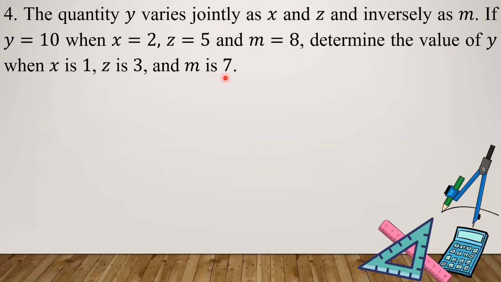Again, we find the phrase that will serve or give us clue to know the variation in that given problem. So as we can see, class, that is varies jointly and varies inversely. Meaning, this is an example of combined variation.